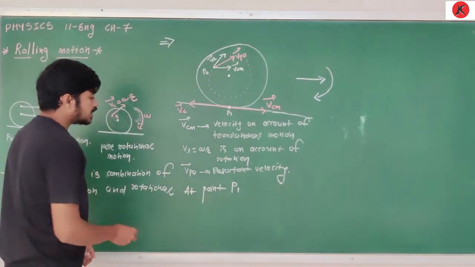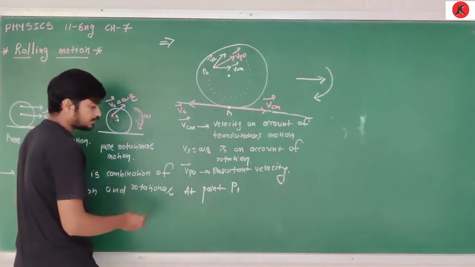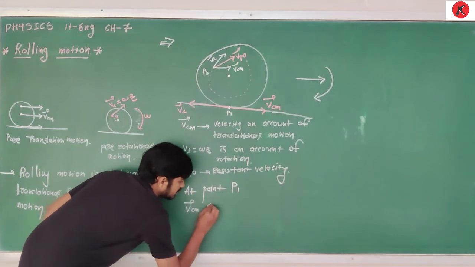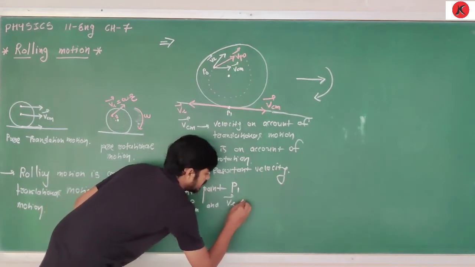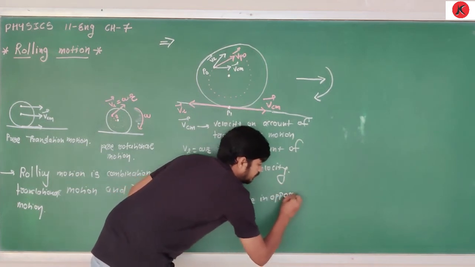Clear? So yes, at point P1, V center of mass and VL are in opposite direction.